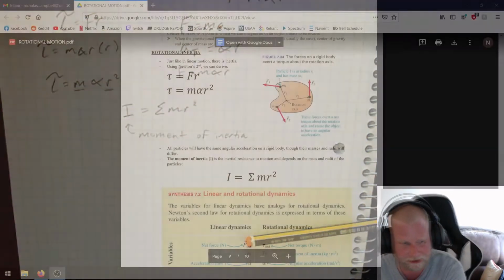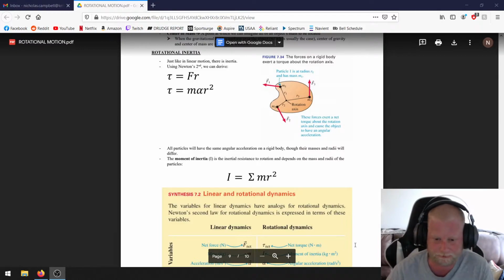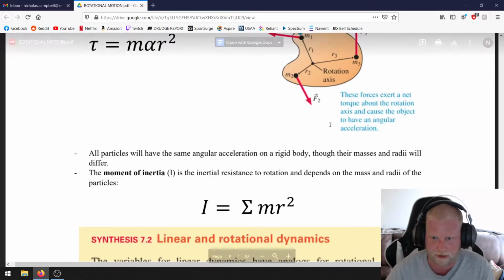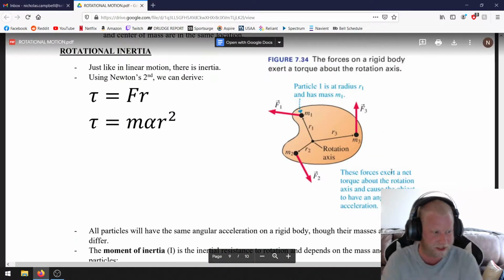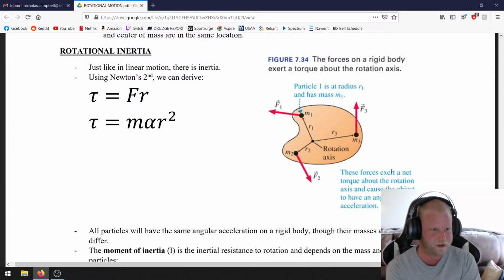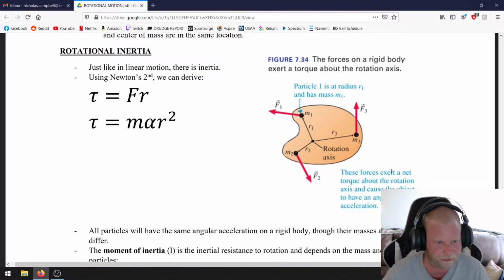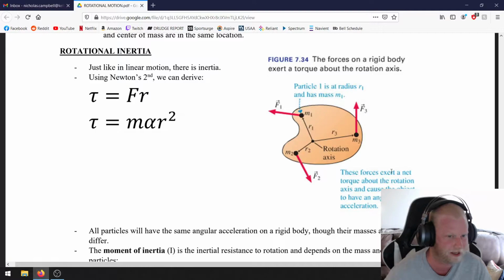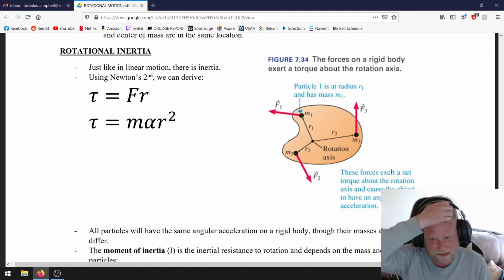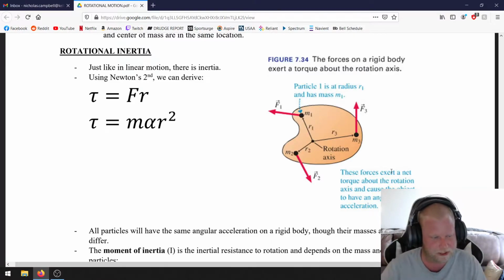So for instance, if we look at the notes, we don't always have something that is uniformly distributed in terms of mass. Like for most of the torque questions, we were dealing with a uniform meter stick, say, and that means that meter stick has the mass uniformly distributed throughout.